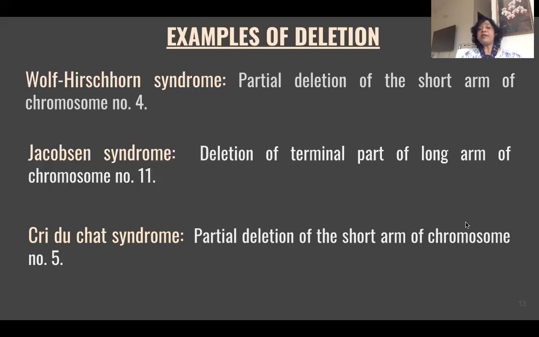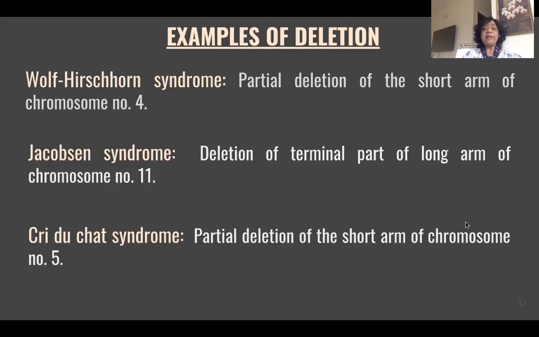Wolff-Hirschhorn syndrome shows partial deletion of the short arm of chromosome number 4. Students, you have done the karyotype of normal male and normal female, and you have seen that there are 23 pairs of chromosomes. So if there is a partial deletion in the short arm of chromosome number 4, it causes Wolff-Hirschhorn syndrome.